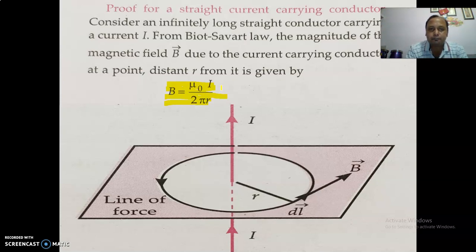I hope this is clear. Now we are going to prove that the integration of magnetic field over a small length dl, integration B dot dl, is equal to mu naught into the total current I threading the loop. We have the value of magnetic field here, which is given by mu naught by 2 pi I by r. So according to this value, we move to the next slide.